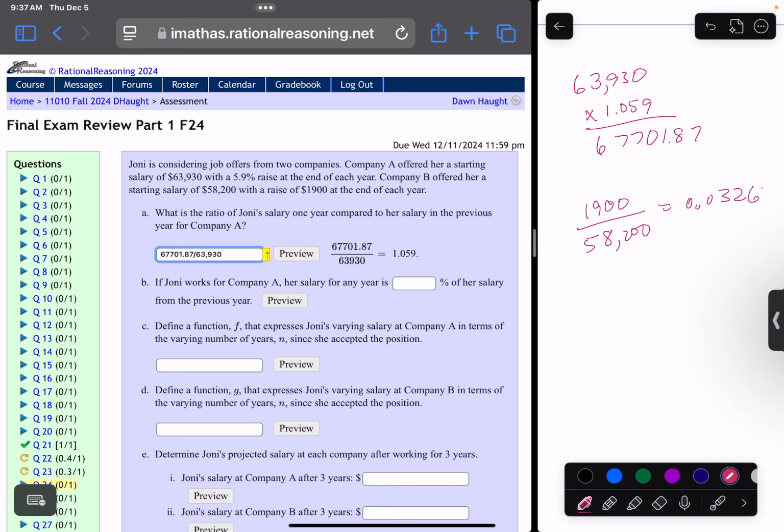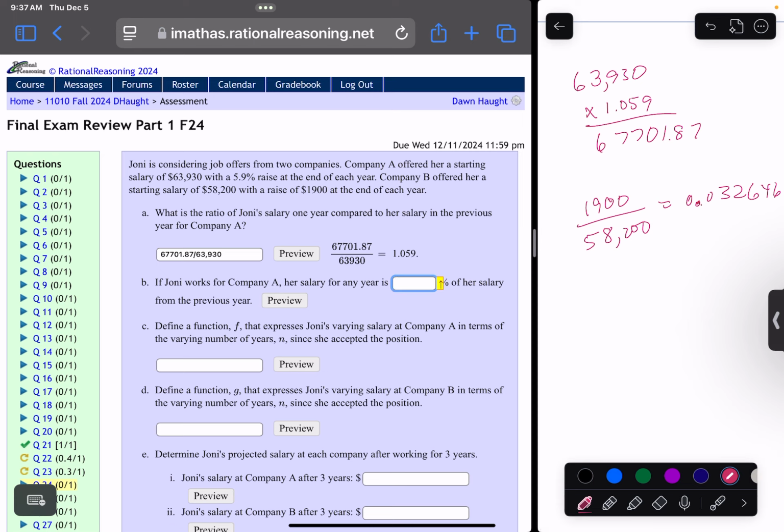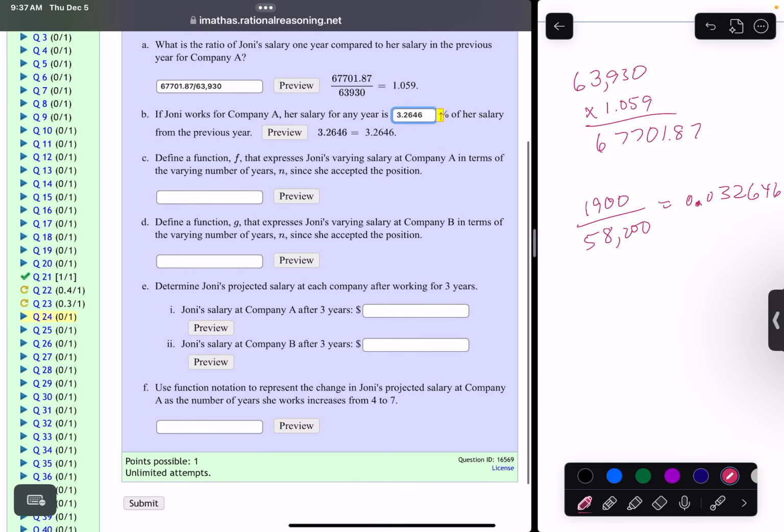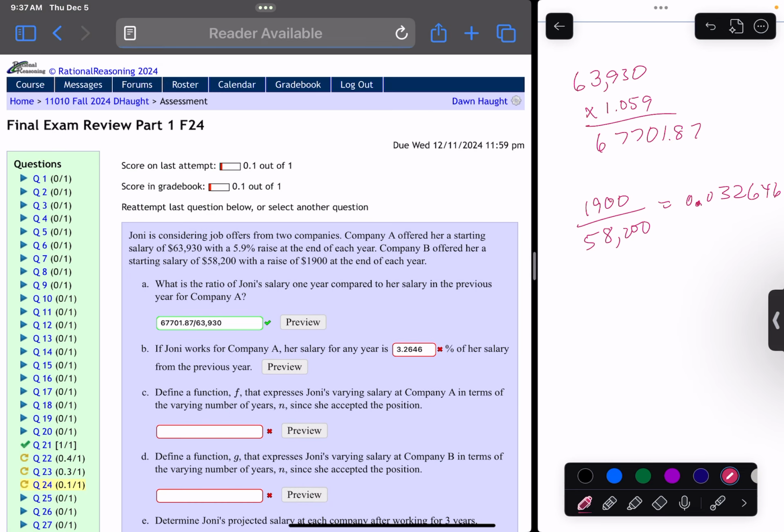And I'm going to write the main decimals I see there. And then if you move that 2 places to the right, it says there's 0.032646. That would be 3.2646 as a percentage.